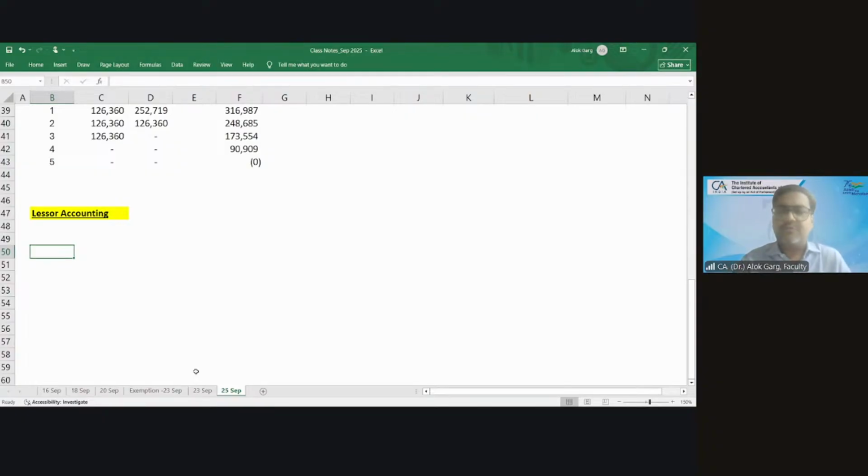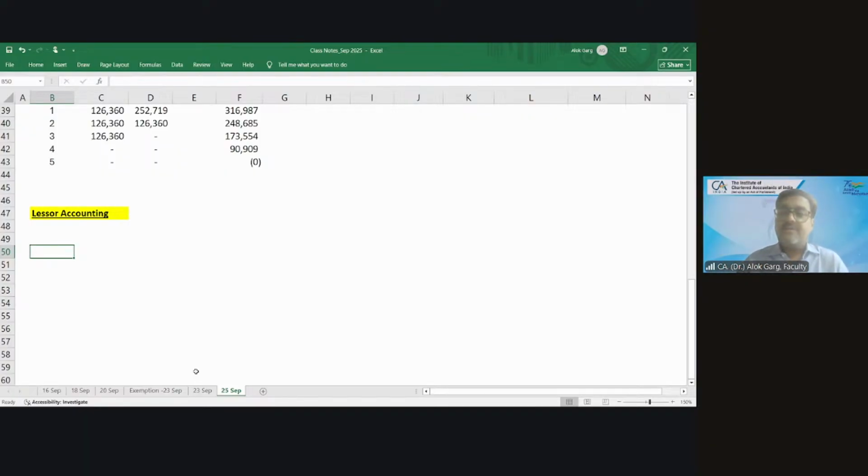Number two, always try to relate things. For example, when you complete Ind AS 16 and when you read Ind AS 38, Ind AS 40, Ind AS 105, please try to relate Ind AS 16 with all these 3 standards.